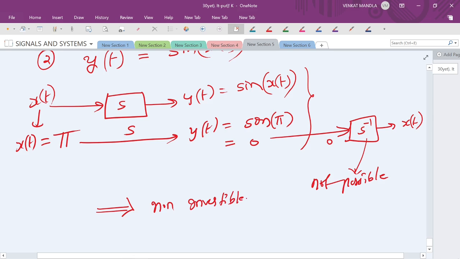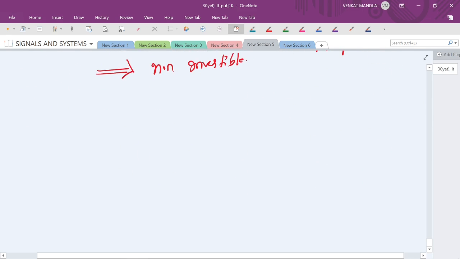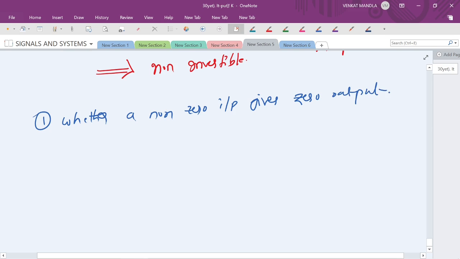So you have to check these two conditions. The first condition is whether a non-zero input gives 0 output. This you have to check. And the second condition is whether multiple inputs give the same output.